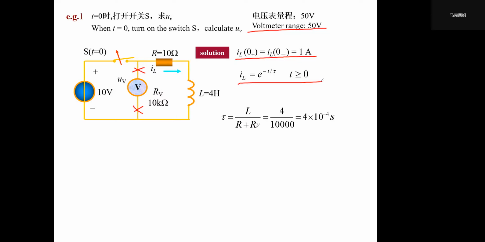And we know that tau equals L over R, where R consists of two parts: one is R_L, the other one is R_V. Since R_V is 10,000 and R is 10, it is too large, so we just neglect it, and we can have an almost right conclusion. So we know the voltage of it.